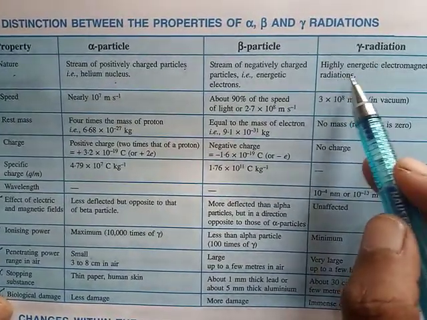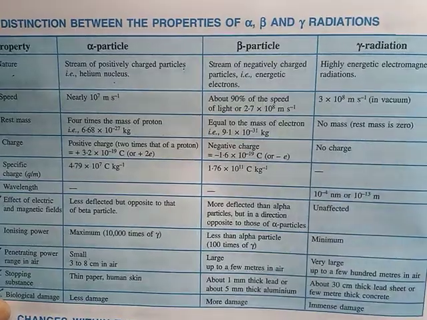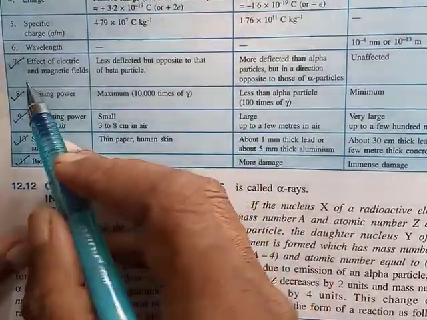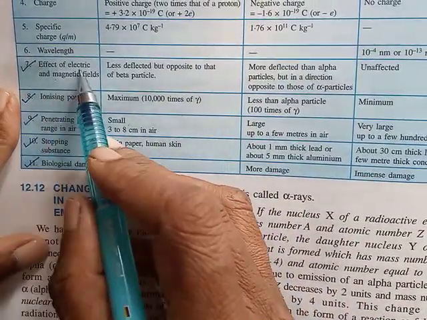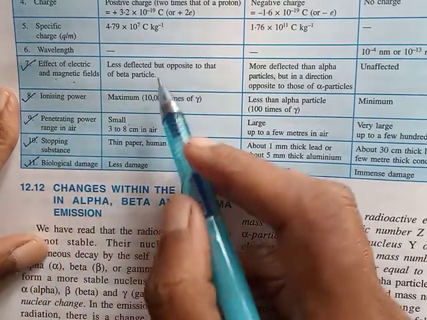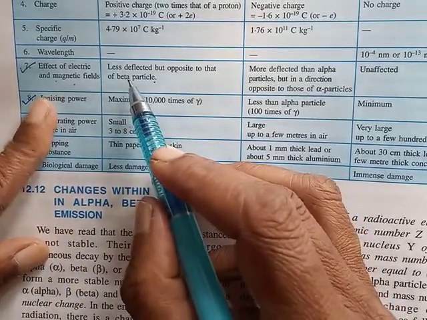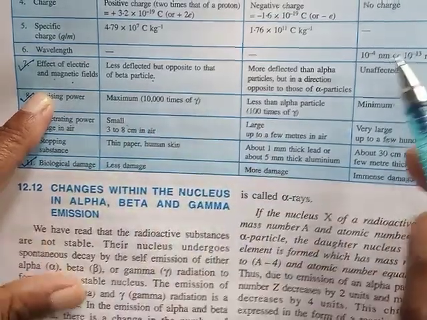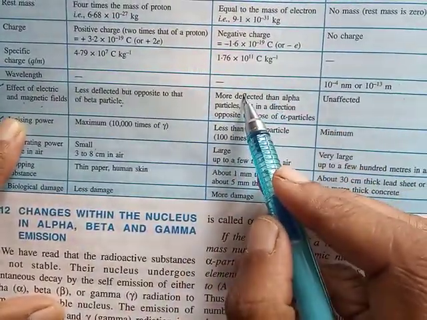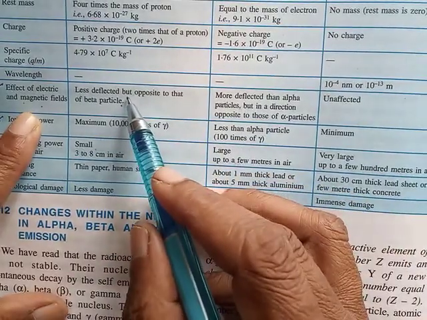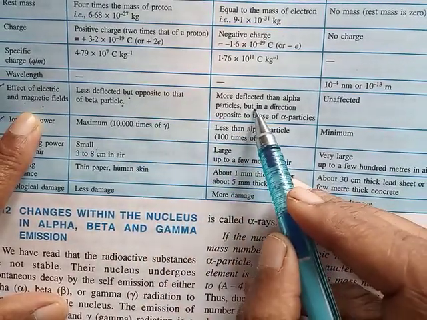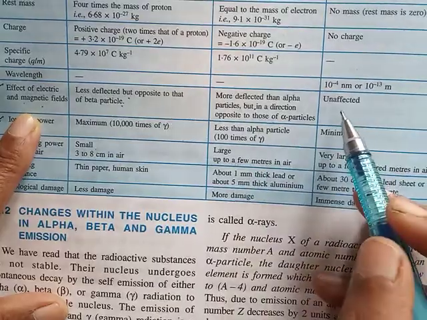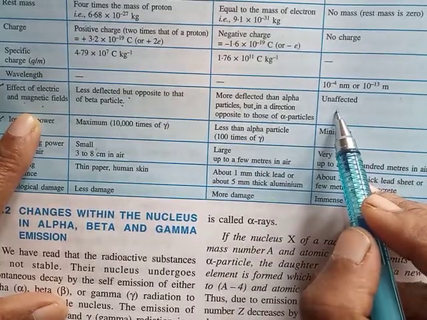And the third one is highly energetic electromagnetic radiation. Then come straight to the seventh one, the effect of electric and magnetic fields. You know that alpha particles are less deflected and beta particles are more deflected. Alpha is deflected towards the negative plate, beta towards the positive plate, and gamma is unaffected.